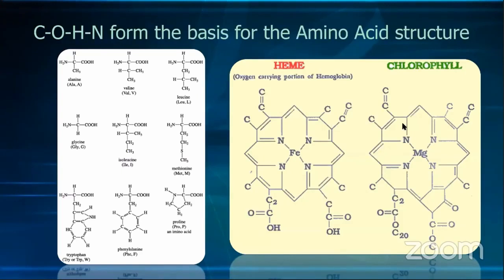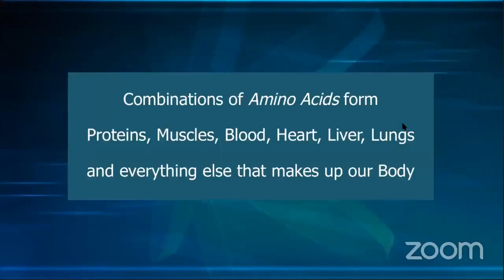When we add those elements that belong to the planet Earth, like iron, it creates hemoglobin for humans, or magnesium, chlorophyll for the plants. So all these elements interact with the elements of the planet and create different kinds of life, different kinds of interaction. And the combination of all these amino acids helps to build proteins, muscles, blood, heart, liver, lungs, and everything else that makes up our body.